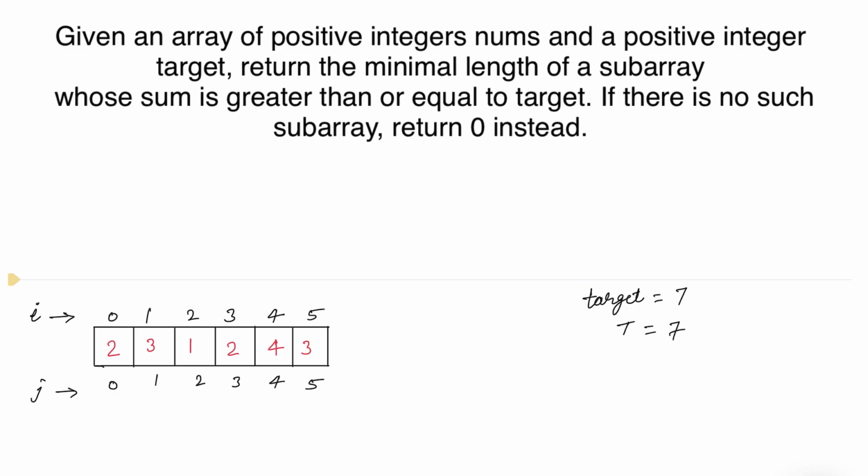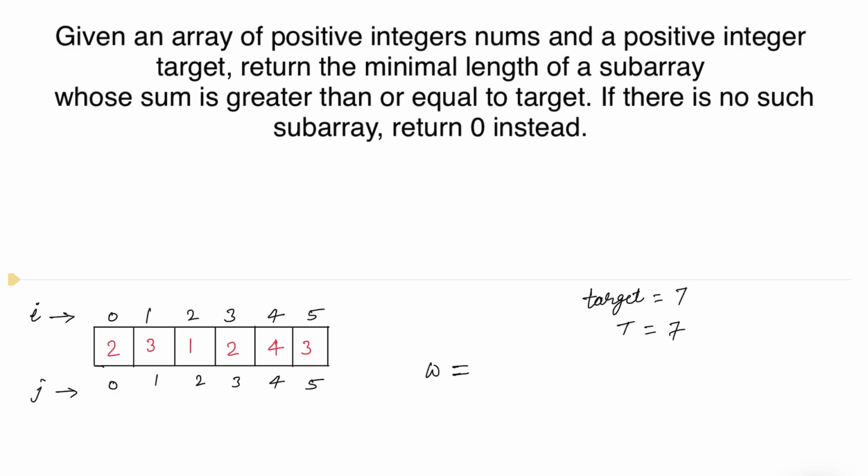So initially, first find out if the sliding window sum is greater than or equal to target or not. So we will first sum the values of the array.